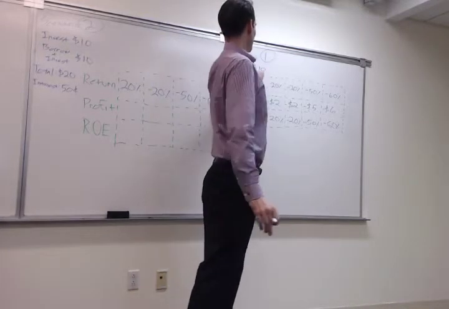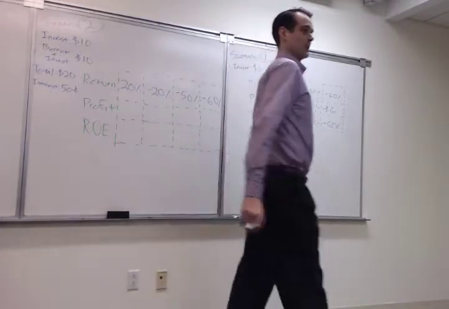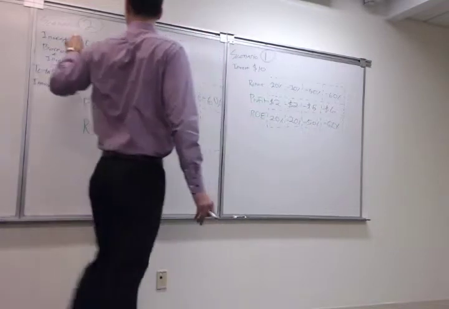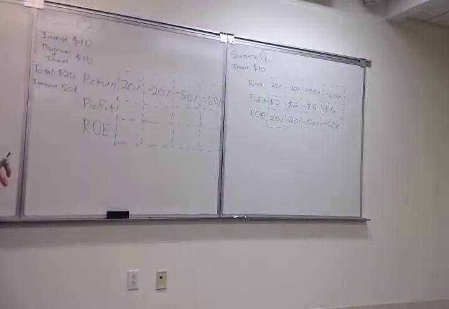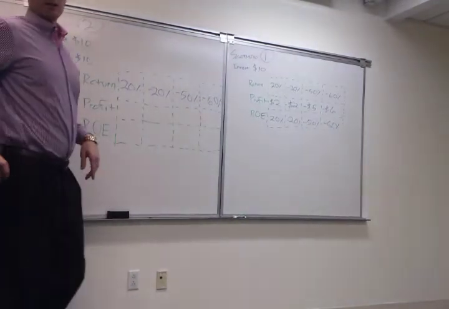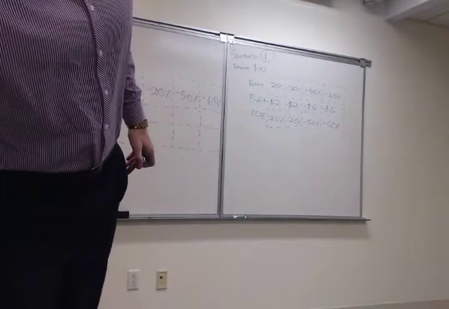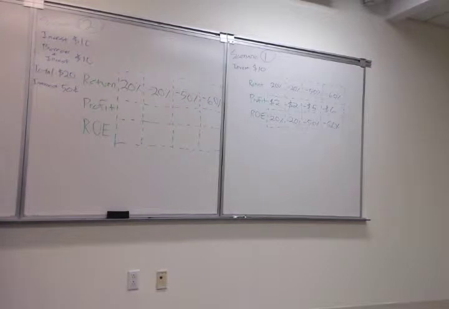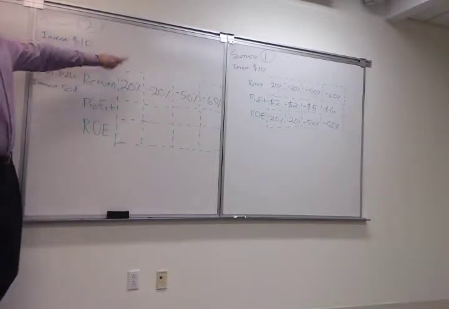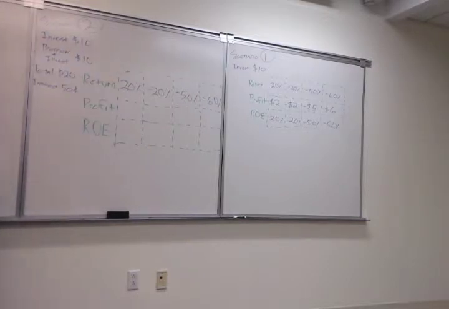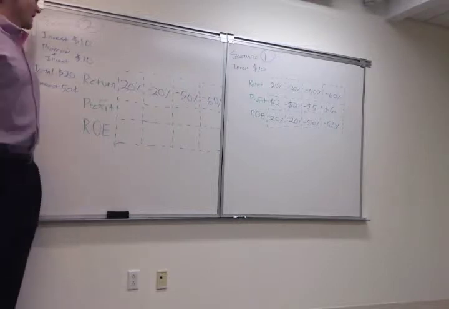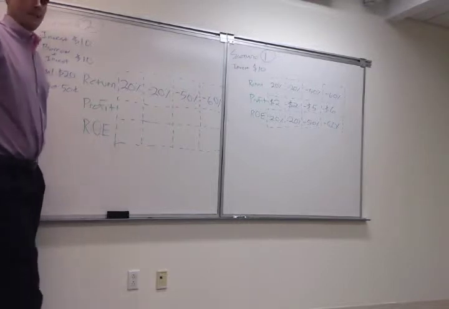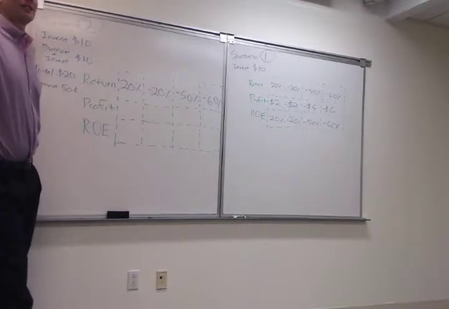Now suppose we think we're such a brilliant investor, we want to not only put our $10 at stake, we want to borrow $10 from the bank and add that to our investment pool. With me so far? So, same period. Suppose we earn 20%. What is our profit now? $4.